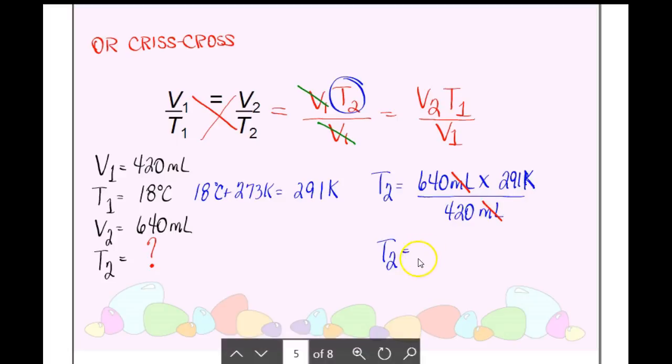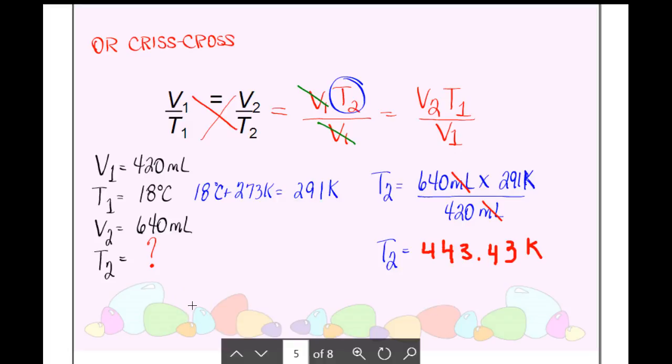And when we put that in, we are going to get, for our answer, 443.43 Kelvin.